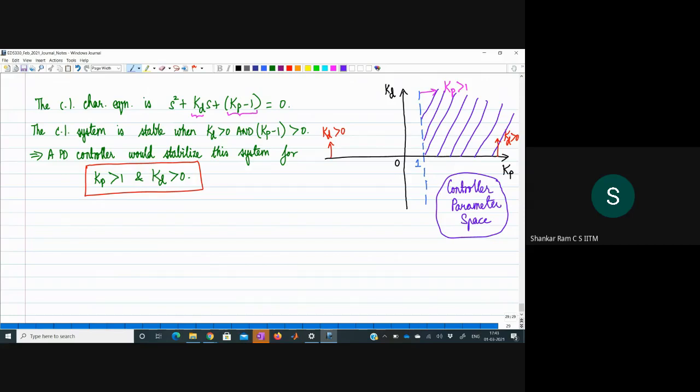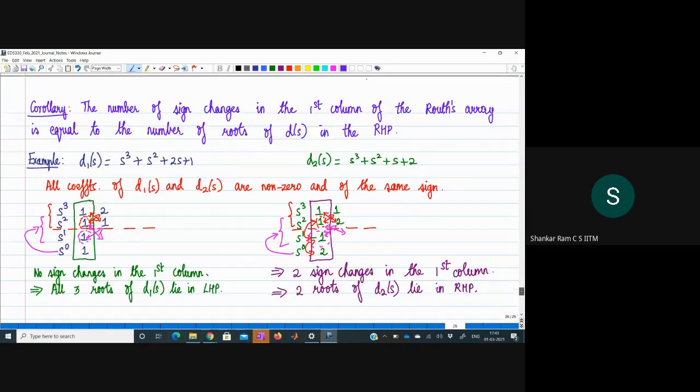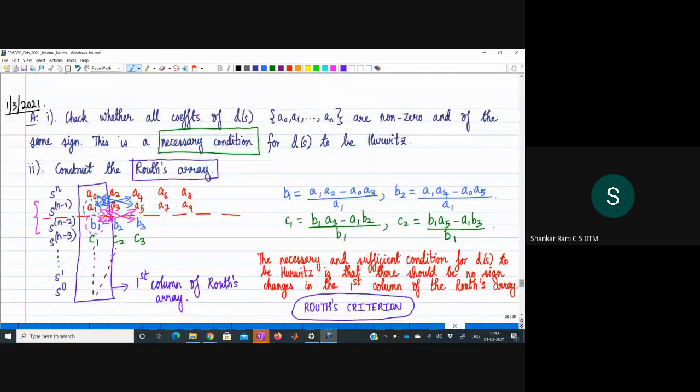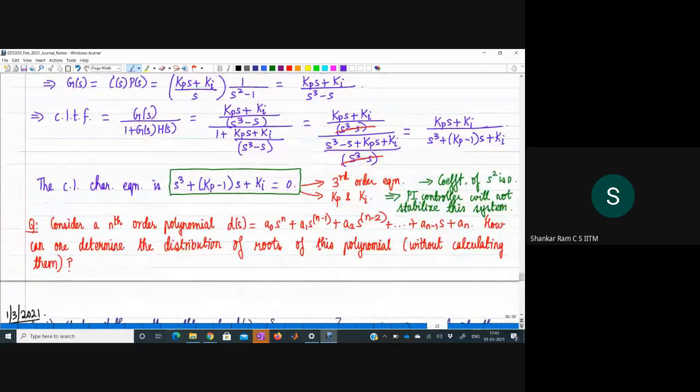No? Sir, can you come again? Why will the PI controller not stabilize the system? Let's go back. I hope you can look at what we derived with the PI controller. The closed loop characteristic equation is S cube plus (KP minus 1)S plus KI equals 0.